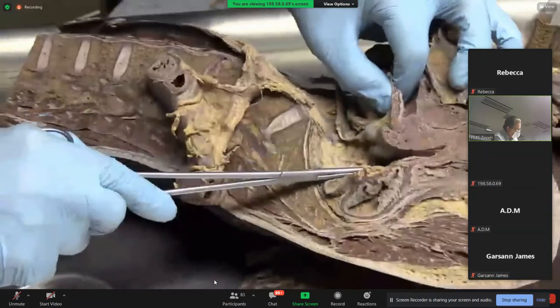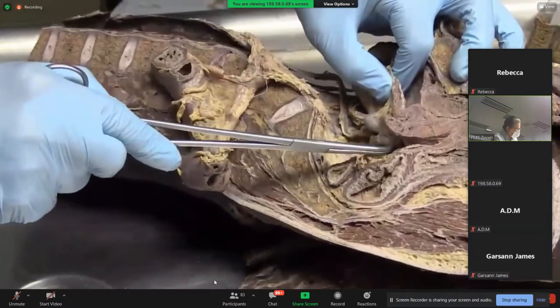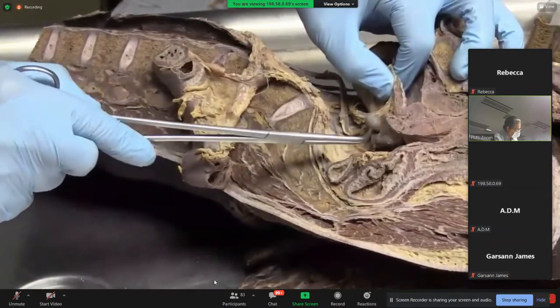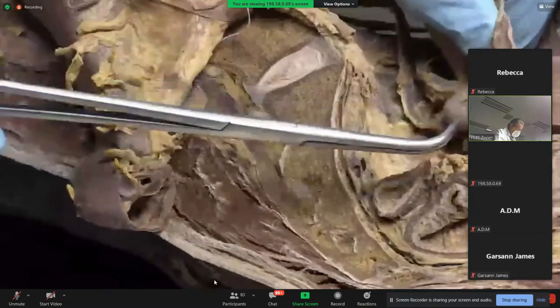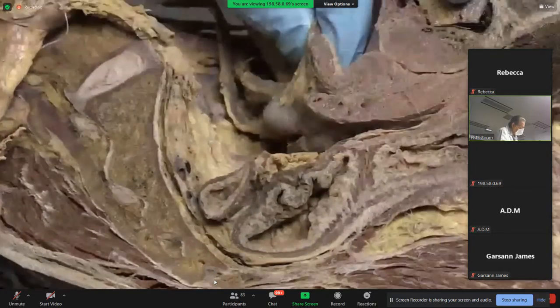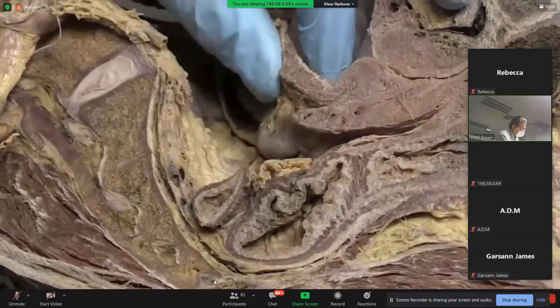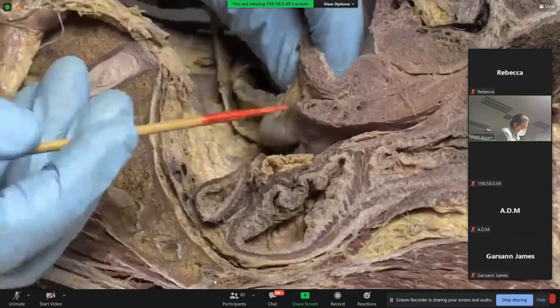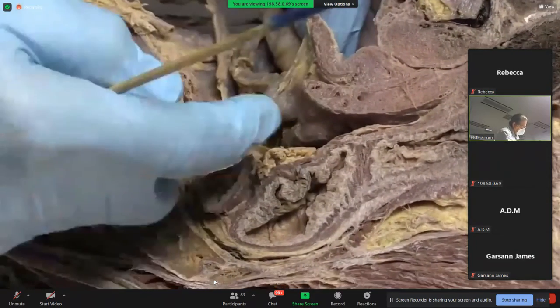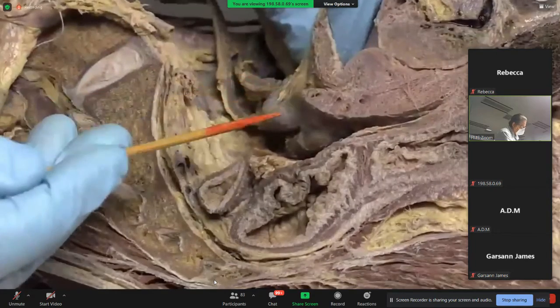I don't want to dissect it anymore because we need to keep the seminal vesicle here. This and the vas deferens are going to join to form a duct called the ejaculatory duct. When you're ejaculating, what's coming down here is just spermatozoa.